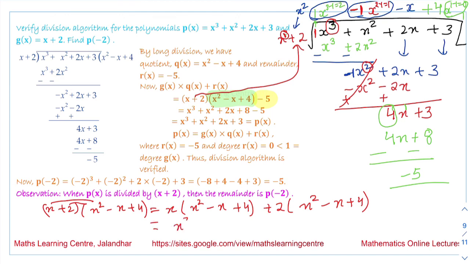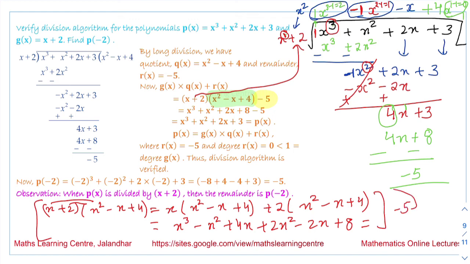So it is x cube minus x square plus 4x plus 2x square minus 2x plus 8. When you solve this value, and after all these terms there is minus 5, you will get it equal to p(x). This is the first thing.